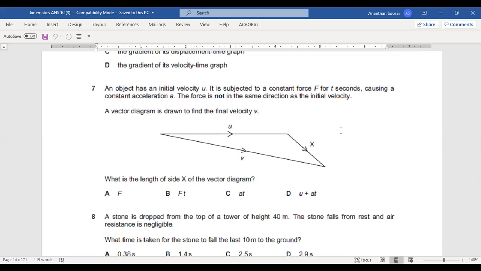A vector diagram was given. What is the length of x? If you write the vector equation for x, x equals what in terms of u and v? I think you should be able to get the answer.